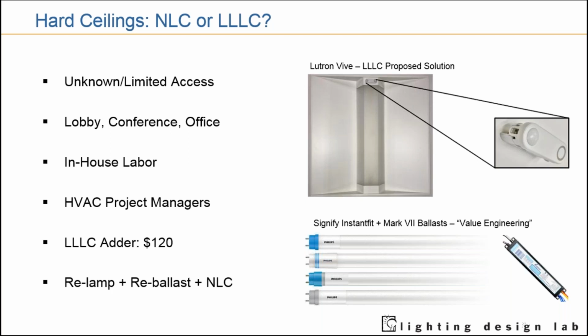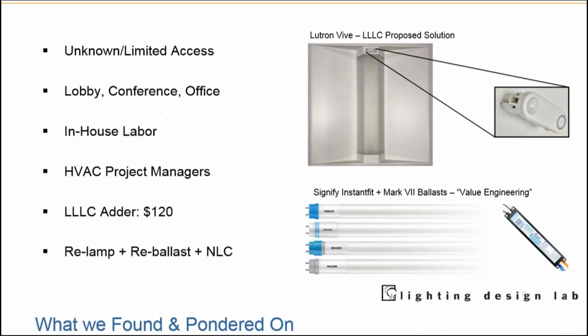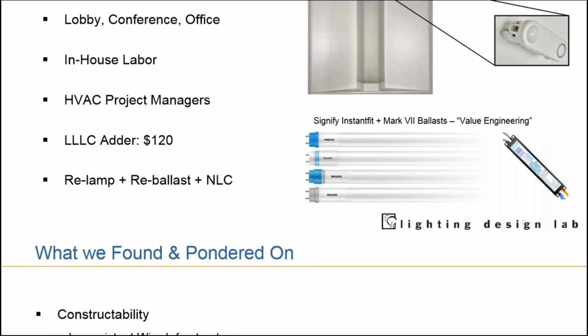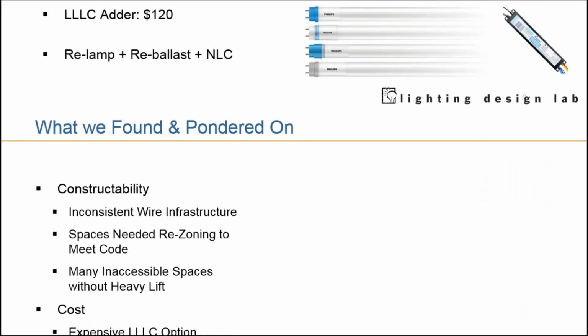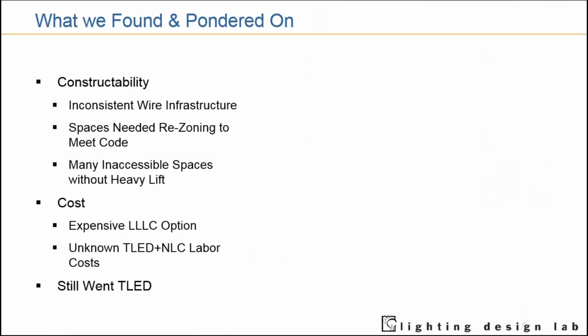So ultimately, we wanted to understand, if we're going to go with that TLED and NOC solution, like adding a load controller, some sensors, and then a couple of wall stations, what was it going to take? And when their electricians, so they had some in-house electricians, were doing their investigations, they found inconsistent wire structure, where some spaces had the 0 to 10 volt wires in the ceiling, some spaces did not.